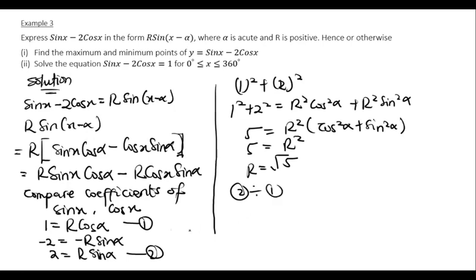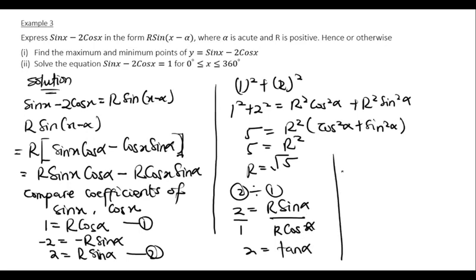Equation 1, so that we can get tan. So we have 2 is equal to R sine alpha. Then we divide here by R cos alpha. Okay, so we have 2 is equal to R will cancel. We have sine alpha divided by cos alpha. This is tan alpha.